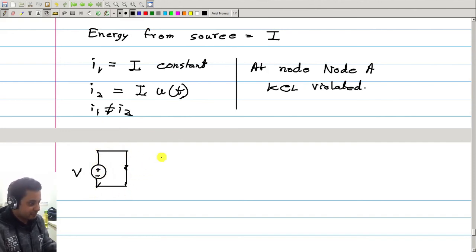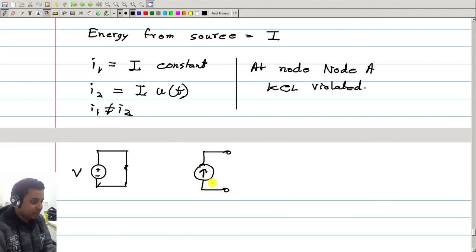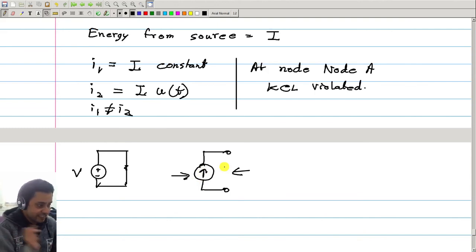So mathematics will throw up its hands. In the same way, we cannot keep a current source open. Again the mathematics becomes self-contradictory and inconsistent. From this point of view, current should be 0; from the definition of a current source, current should be I. So we cannot apply maths here. This is just theory.